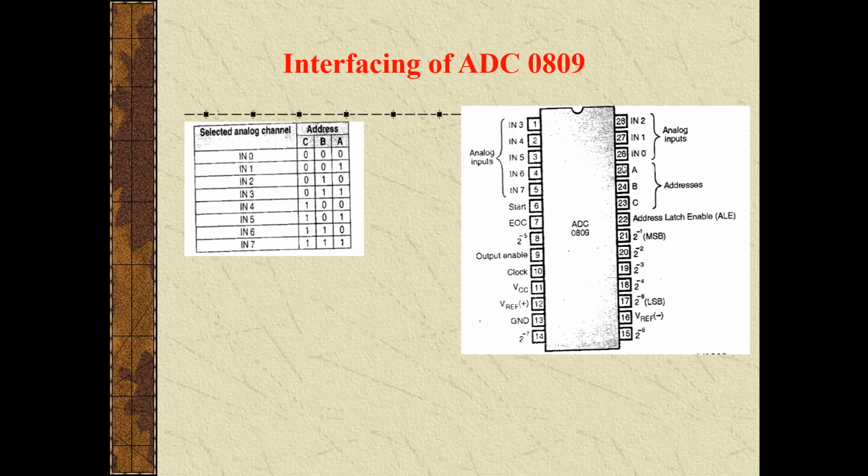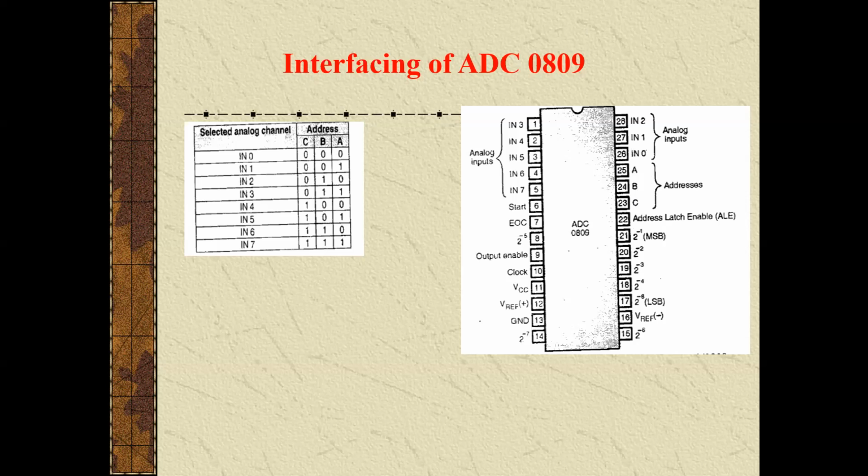The ABC address pin numbers are 23, 24 and 25. These pins will select one out of the 8 analog inputs for conversion into digital form.